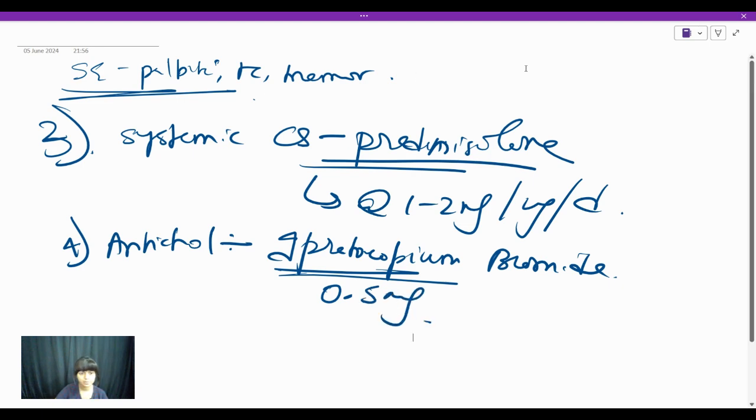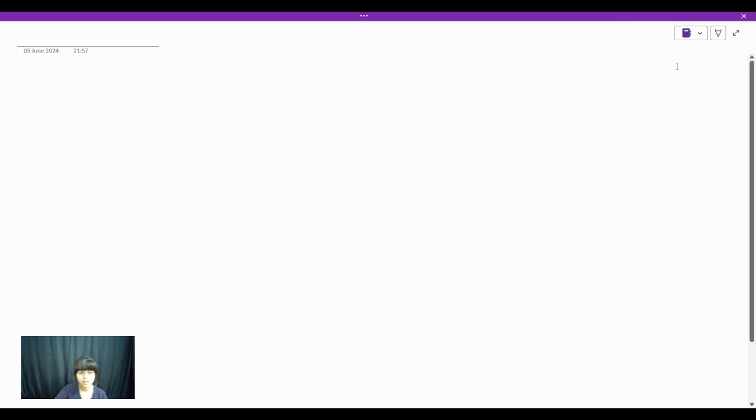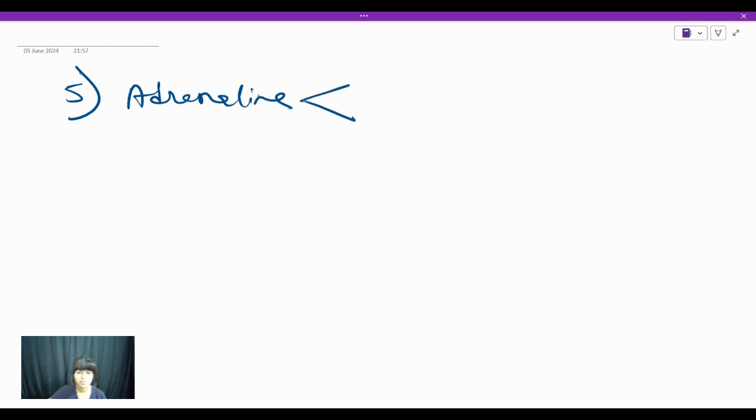Clear? Next, so 4 drugs done, still the child is not responding, then you can give adrenaline, okay, and this can be given in two routes: either you give IM or you give subcut at the dose of 0.01 milligram per kg.